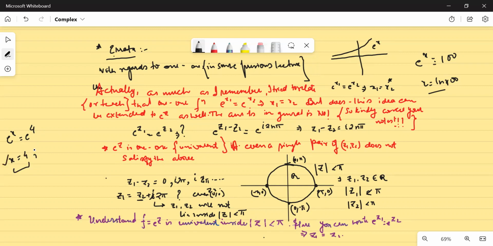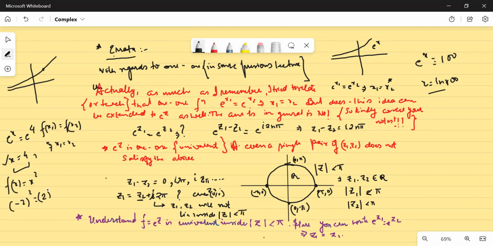Why? Because in real analysis, what you are supposed to see is that if your function is one-one, then f(x1) equals f(x2) would imply x1 equals x2. So for example, if my function is x square, this is a many to one function. Minus 2 whole square is also 4, 2 whole square is also 4. So whose map is 4? It can be square of 2 also, it can be square of minus 2 also.